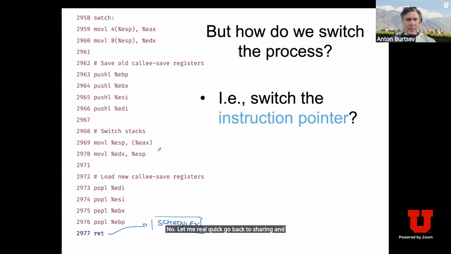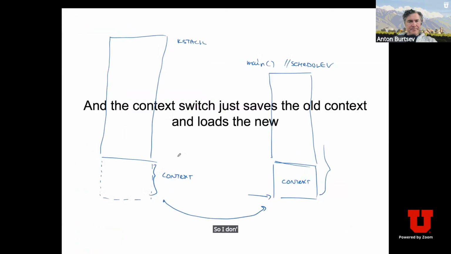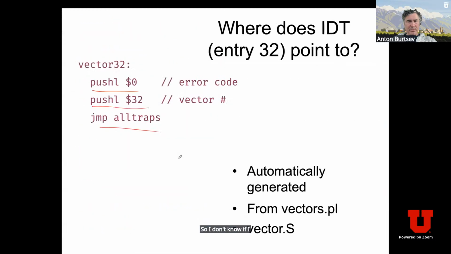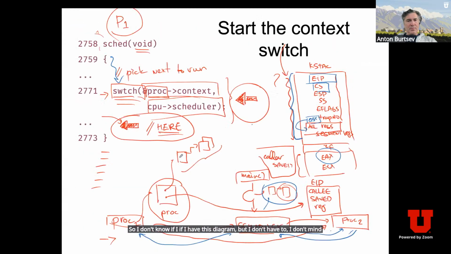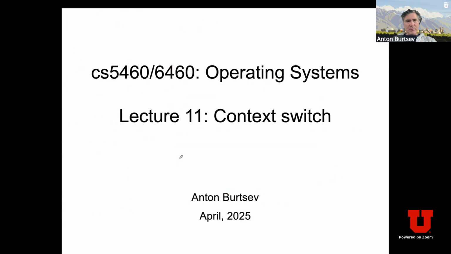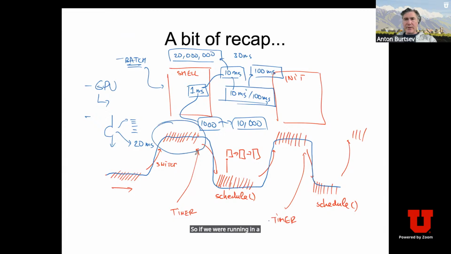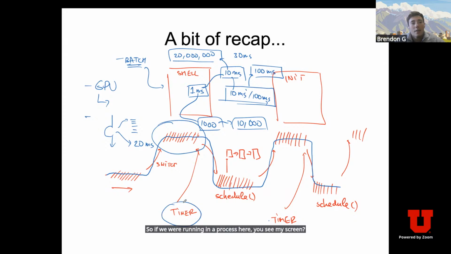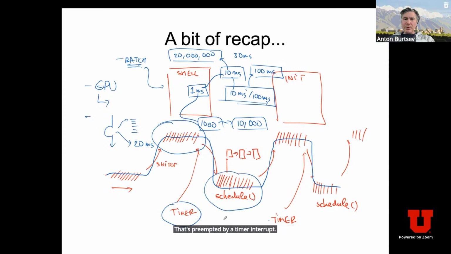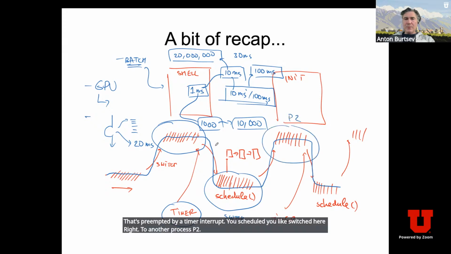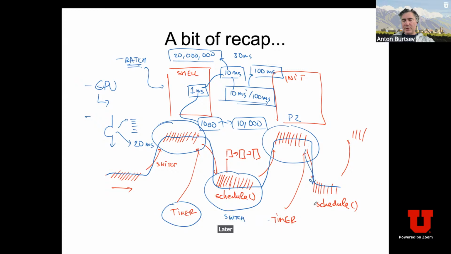No, let me real quick go back to sharing. I don't know if I have this diagram, but I don't mind drawing it again. So if we were running in a process here, you see my screen? It got preempted by a timer interrupt. You switched here to another process P2. Later, this P2 switches into the scheduler, and this scheduler will switch back.